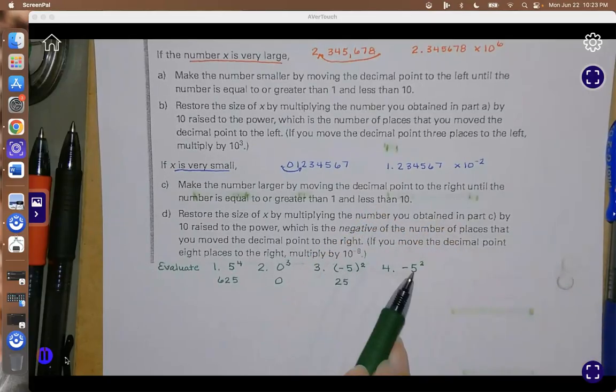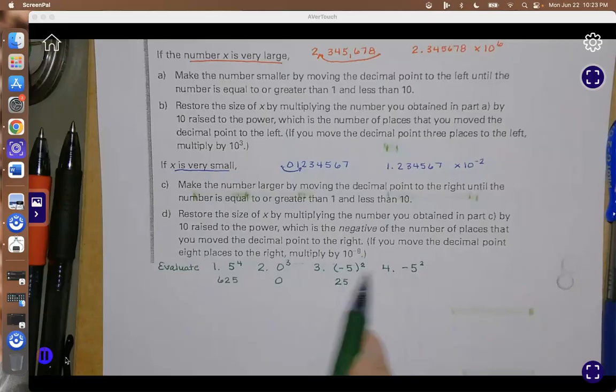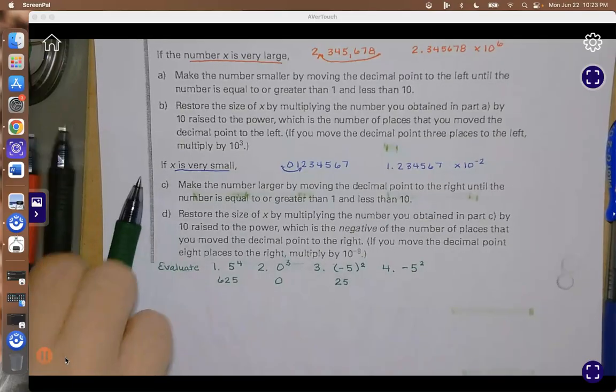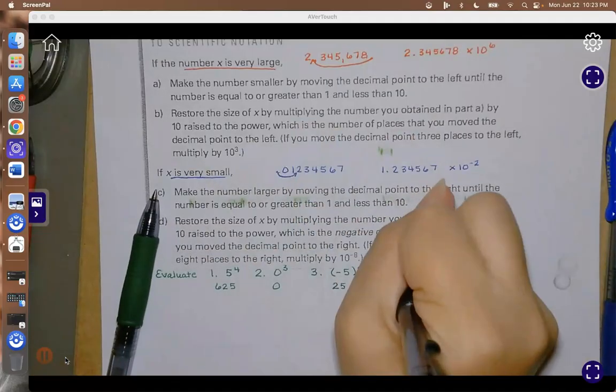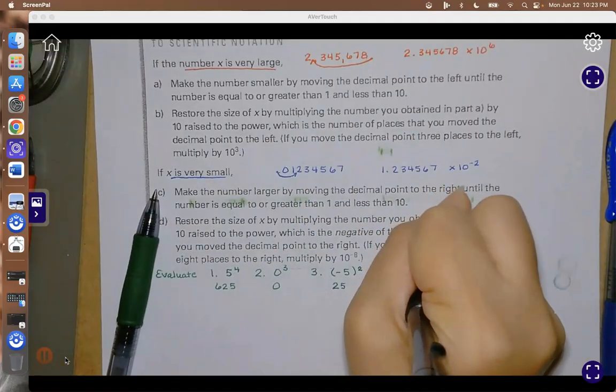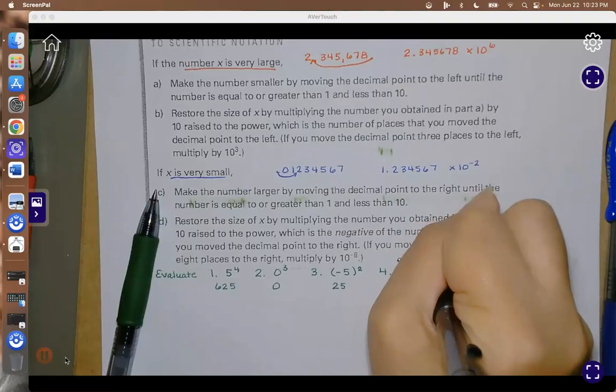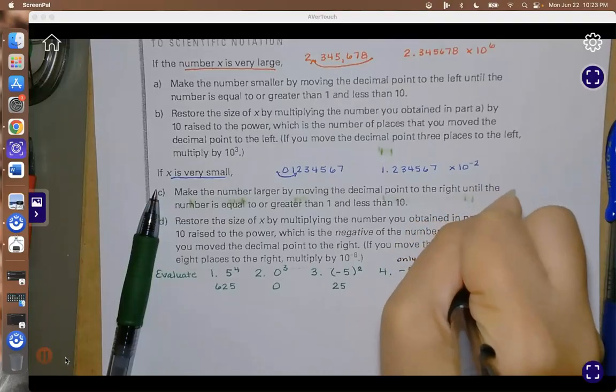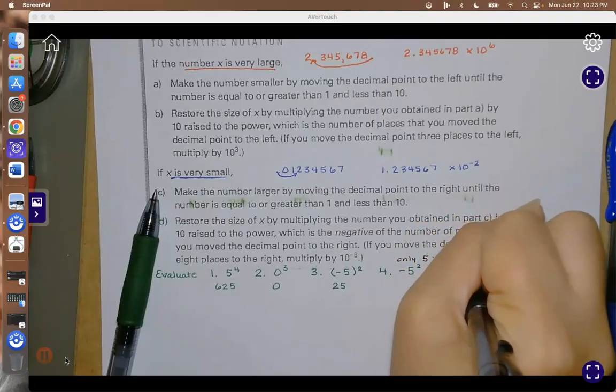Now, this looks similar but different. The negative is not being raised to the power, only the 5 is. Okay, so we're going to put a note here. Only 5 is being squared.